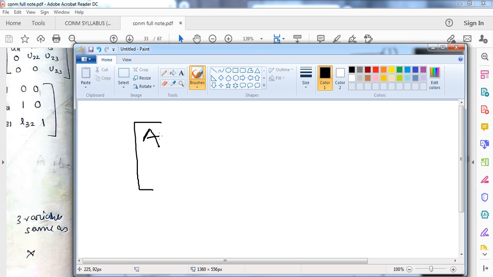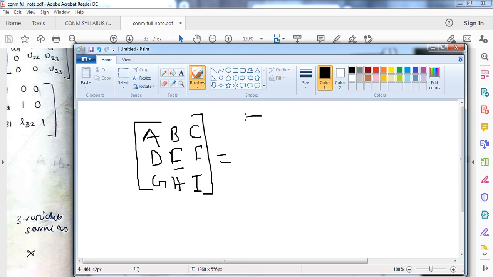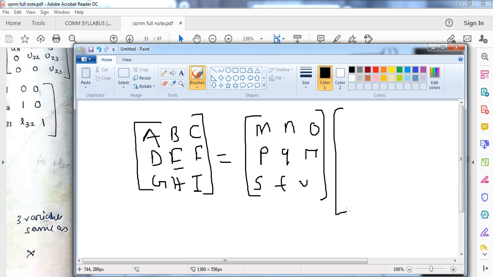I have A, B, C, D, E, F, G, H, I, and over here I have two values, M N O P Q R S T U, P W X Y Z 1 2 3 and 4.